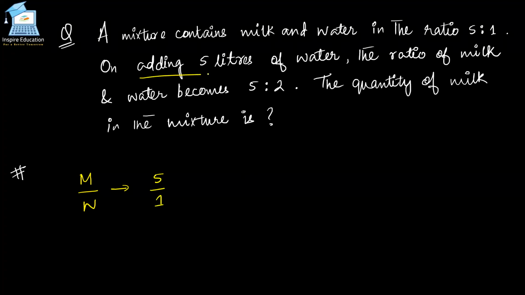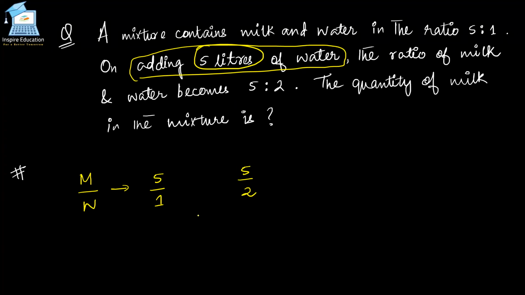On adding 5 liters of water, now mind it, we have added 5 liters of water, and this 5 liters will play a vital role. The ratio of milk and water becomes 5:2. This question is very easy. We don't even need to balance the ratios. The ratios are already balanced.